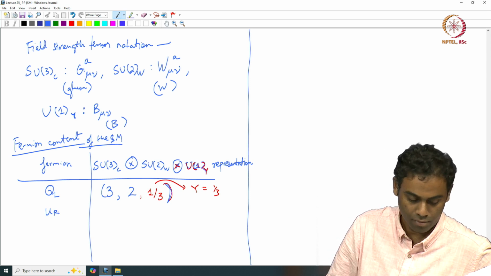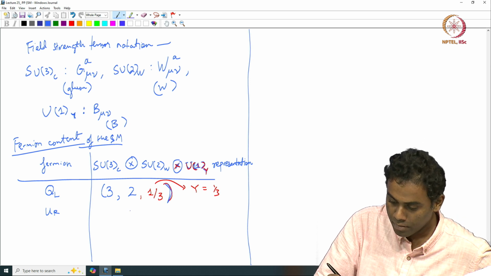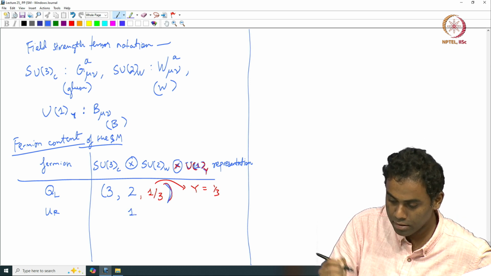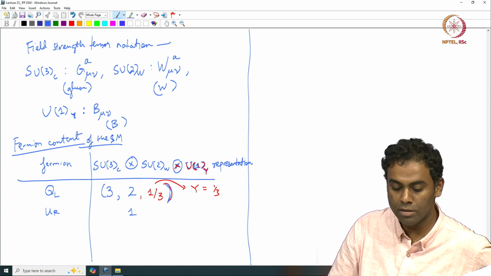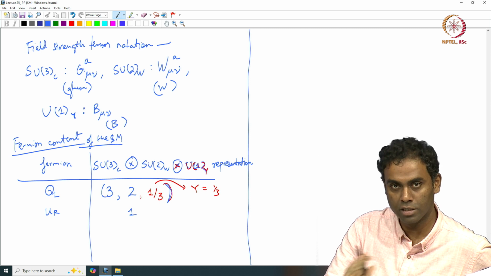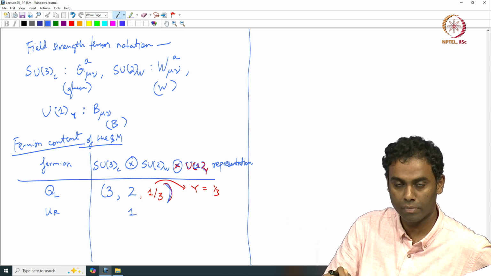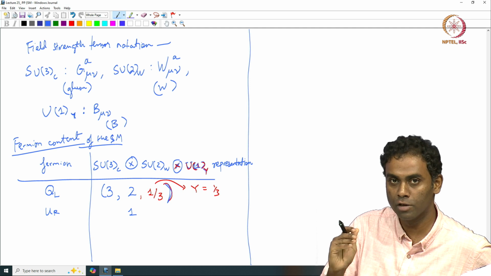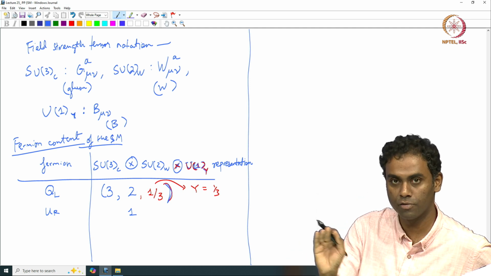Next, I have a u_R. Now, since I wrote an R, you can already guess what I should write in the second column. That's just a 1. That just means this is a singlet under SU(2). Since it's right handed, it is not charged under the weak SU(2). Sometimes I'll just use the word weak force to denote the SU(2) here, not the electroweak force. This is just the weak force.